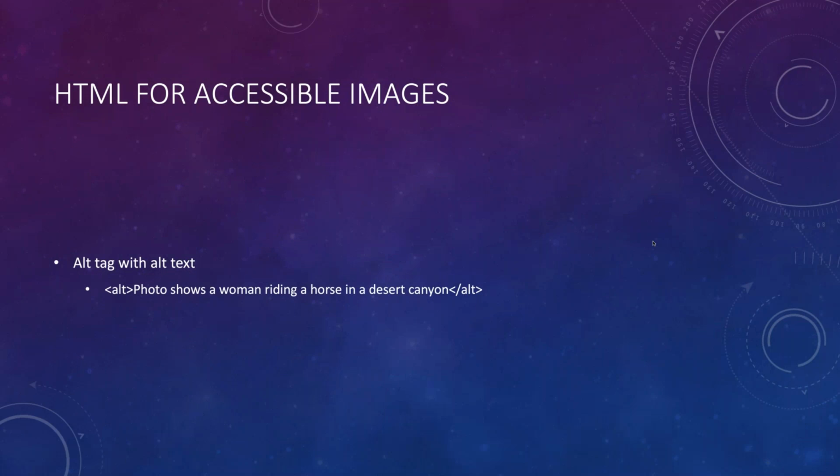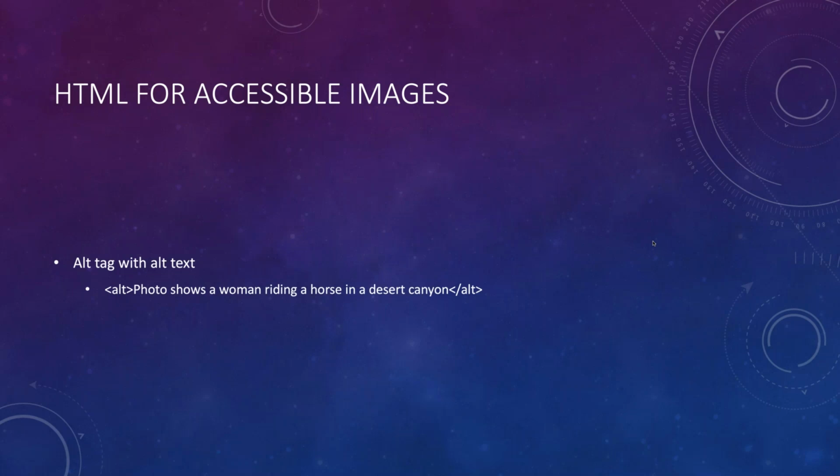When we talk about HTML for accessible images, again, we're using the same concept of alt text as we do in Word or PowerPoint. But because it's HTML, we specify it a little bit differently. With an opening alt tag and a closing alt tag, you put in your caption text in between those.